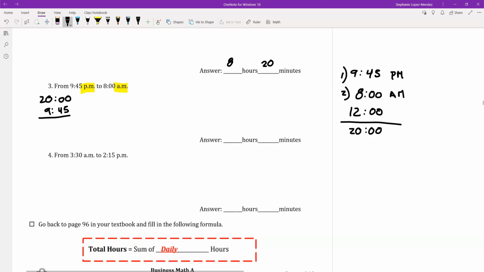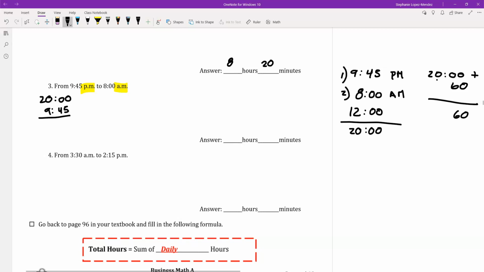So from the 20 hours, we need to take 1 hour and add it in 60 minutes. Okay. So then I have 0 plus 60 is 60.